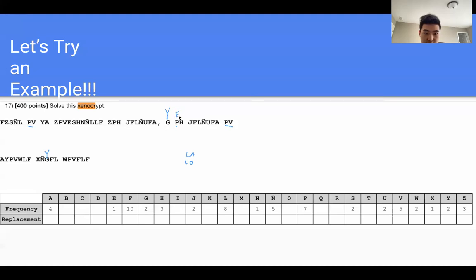Yeah, so I'm just going to put an E down here. The reason I'm doing that is because we have this two-letter word that is the second word in the Xenocrypt. So my guess is probably that this is a noun and this is a verb. So if the second thing is a verb, what do we think that is? S, yeah.